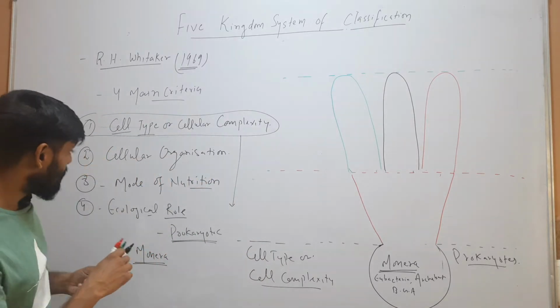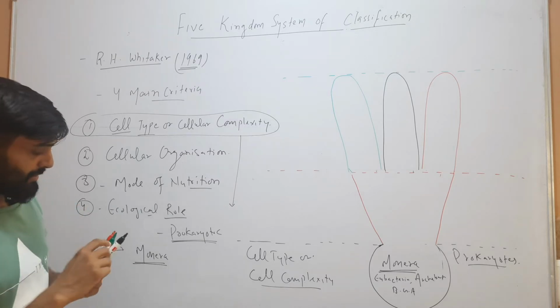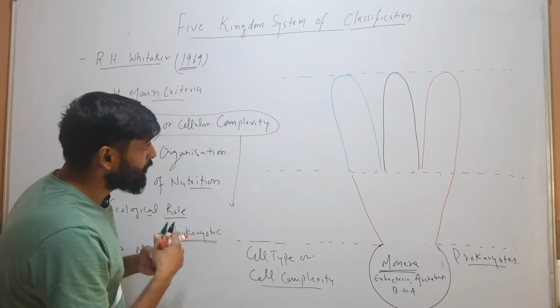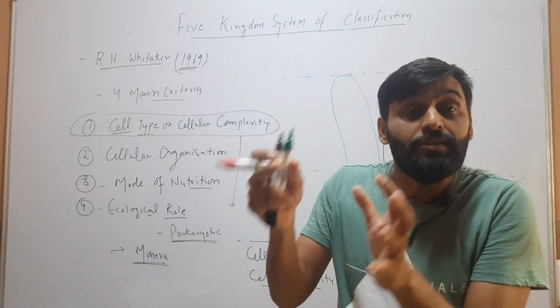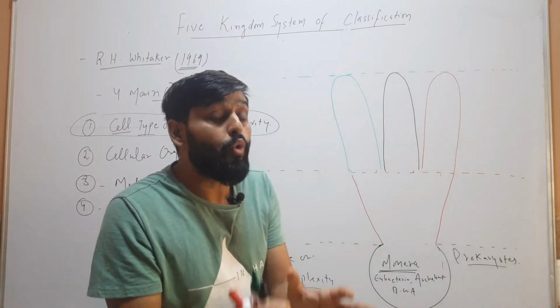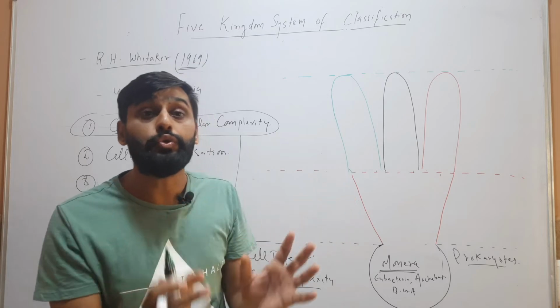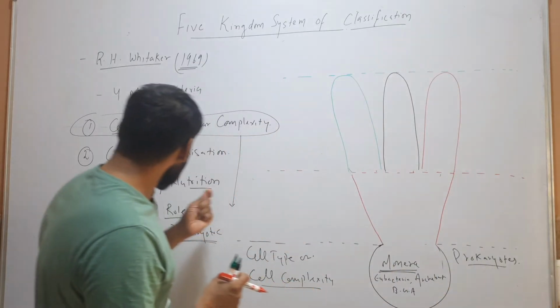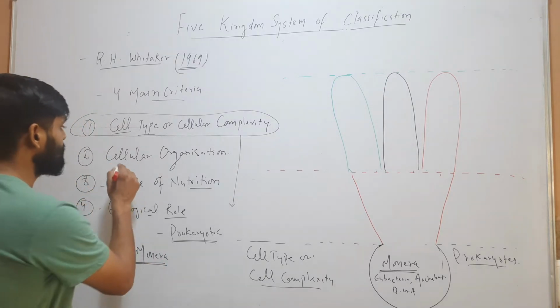Now coming to the next criteria, that is cellular organization. So when we separated all prokaryotic organisms, what do we have left over? We have all the eukaryotic organisms, the organisms which have a true nucleus. So he separated eukaryotic organisms on the basis of this criteria, that is cellular organization.